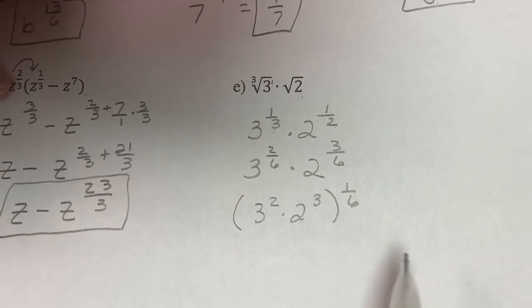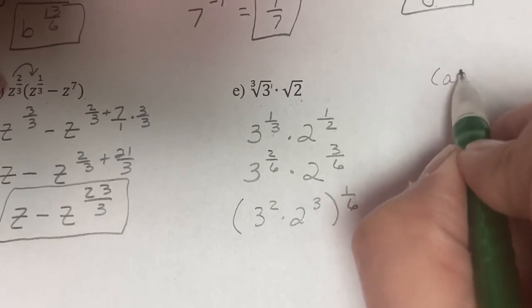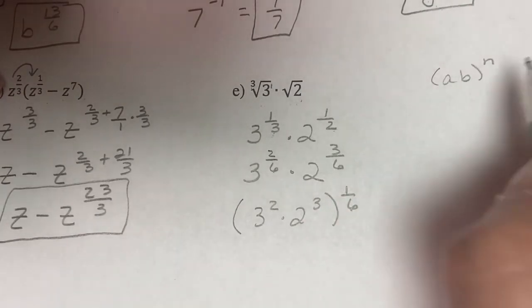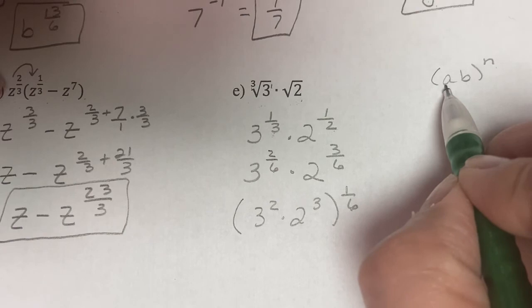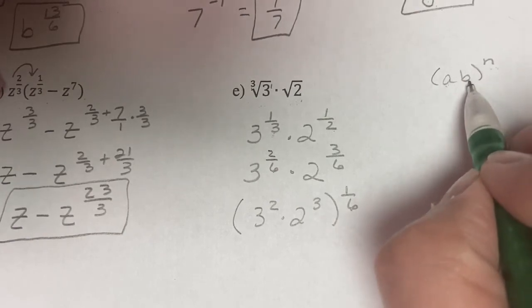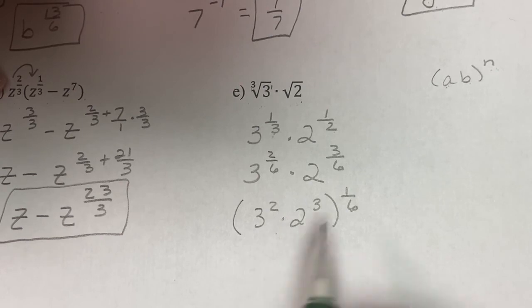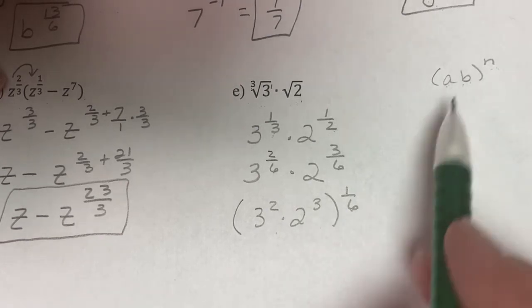So look what I did. Remember the exponent rule that said that if I've got something like that, then this, it goes in with the A and you multiply the exponents, and it goes in with the B. You multiply the exponents. I just did that backwards, because if you look at this, that would follow this rule.